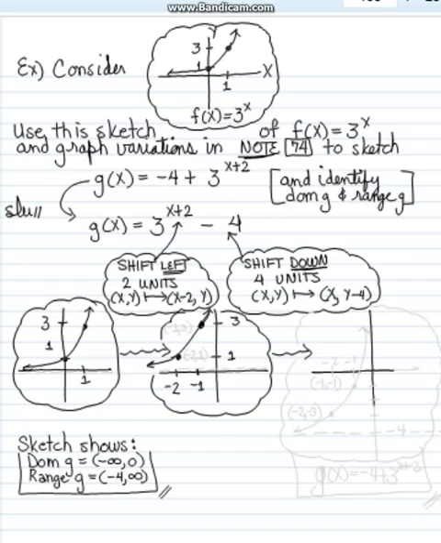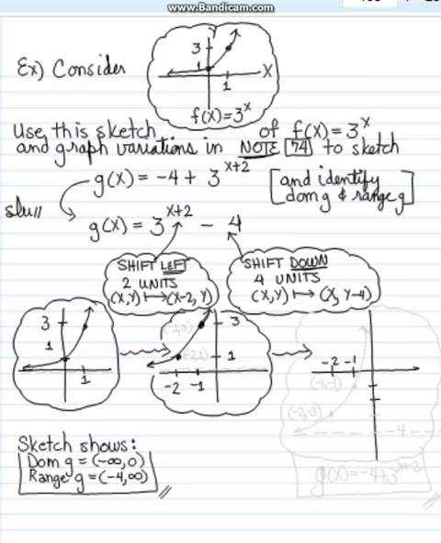I want you to notice, even though I didn't mention it, you can see clearly that we have an asymptote at the x-axis. It doesn't touch the x-axis, it just keeps getting closer. Later I'll come back and put a dotted line on that x-axis to emphasize the asymptote. All right, now we're going to shift everything 4 units down for our last variation.